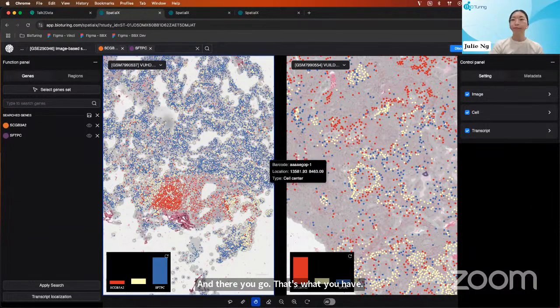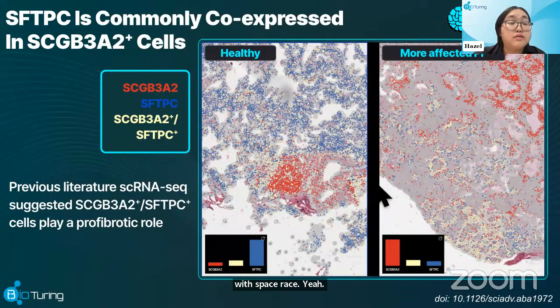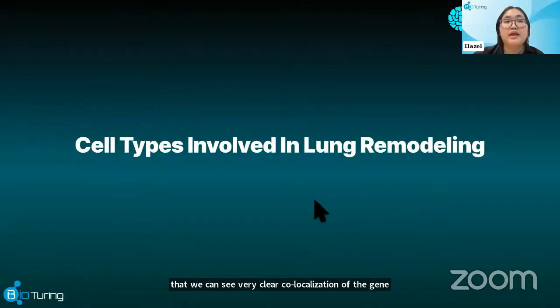Okay. Now that we can see very clear co-localization of the genes, finally we can move to the second part: how we can define which cell types are involved in this lung remodeling.